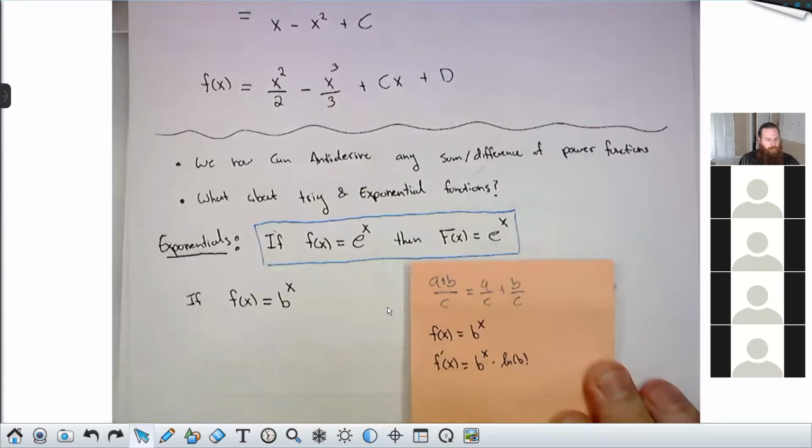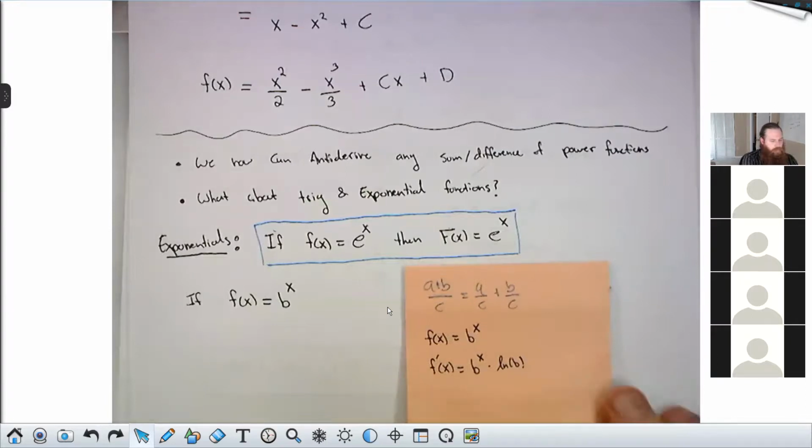So everybody remember this? It's okay if you don't at the moment. The justification for this came from the chain rule. We're able to treat b to the x as e to the x times the natural log of b, and then differentiate using the chain rule. If you forget this, you can be forgiven, but please remember it. All right, please choose to remember it now, because this is what will inform us about the antiderivative.